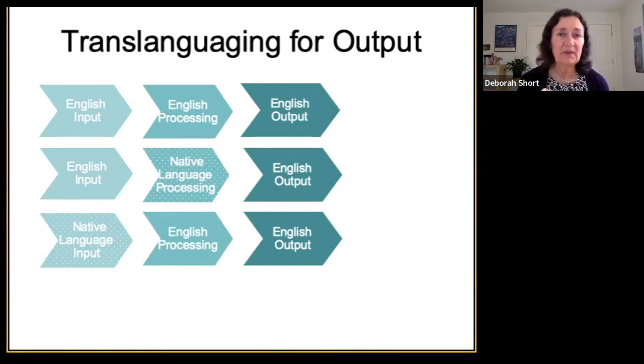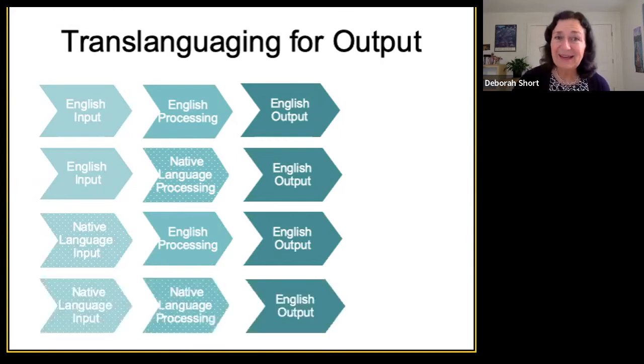Then they get together and they do that processing in English, and they have the English output. And you might guess there's a fourth way, which would be native language input with native language processing, and then it leads to English output.